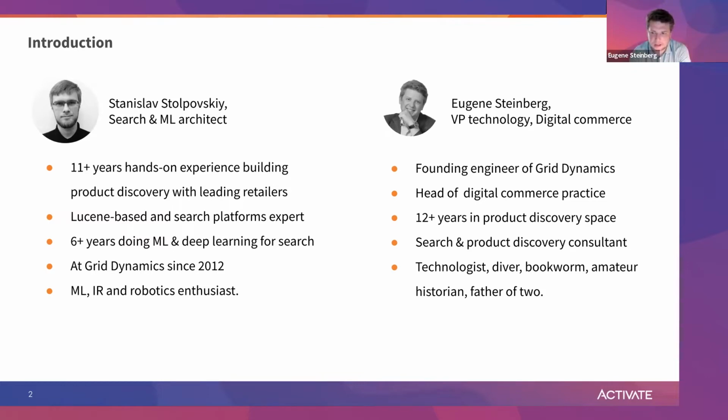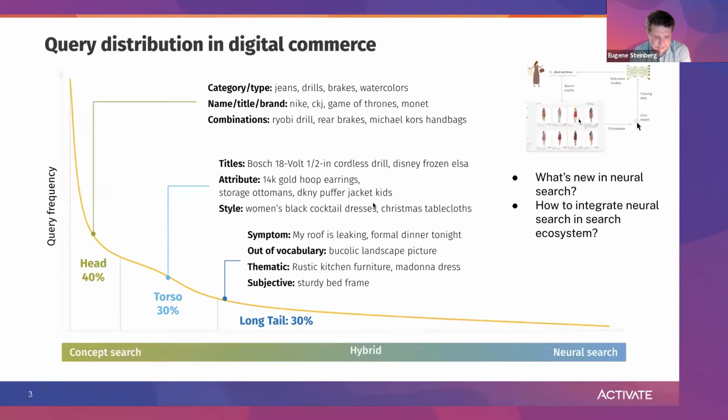Okay, so let's take it away. Today we are going to talk about neural search in digital commerce. As a quick recap, the motivation behind implementing neural search in digital commerce comes from the observations of the typical query frequency diagram, which usually shows that the head queries are relatively simple.